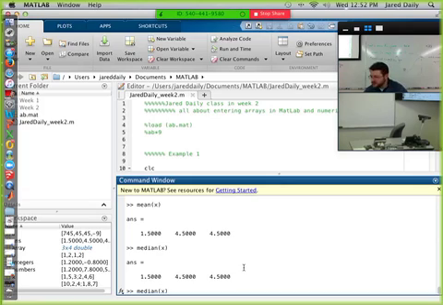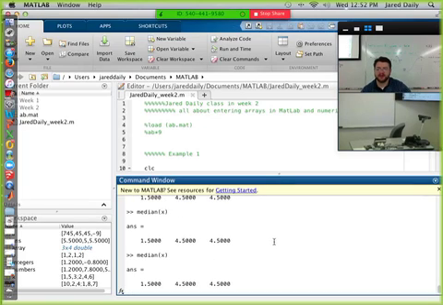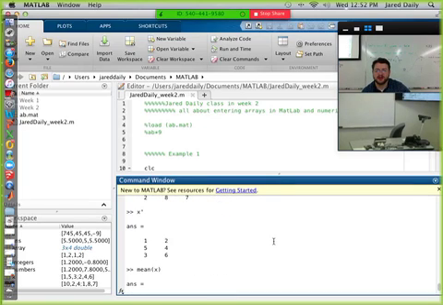Did I type it in wrong? For some reason it changed my array x.